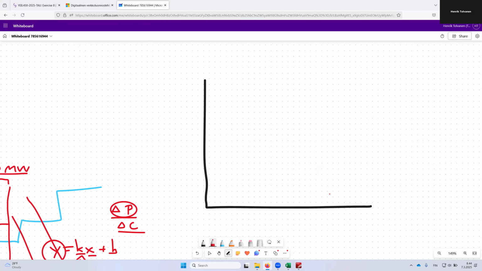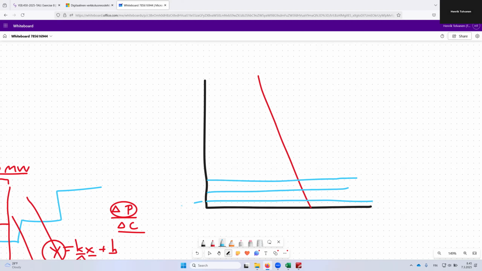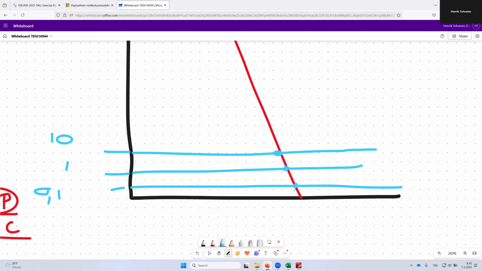If we have the consumption bidding line in there, and then we have the price levels. So this was, for example, 0.1, the next one was 1, and maybe this was 10. We can calculate the intersection of those points in there, and then calculate the X value.